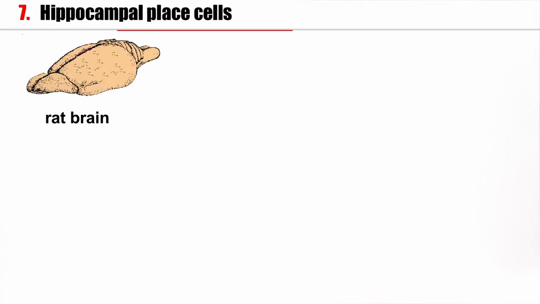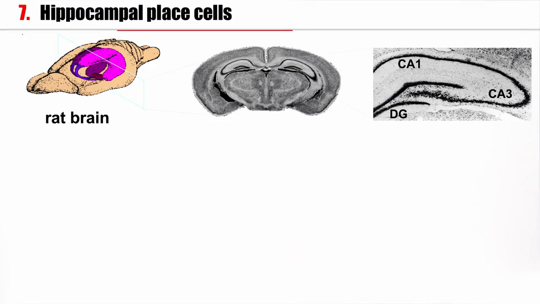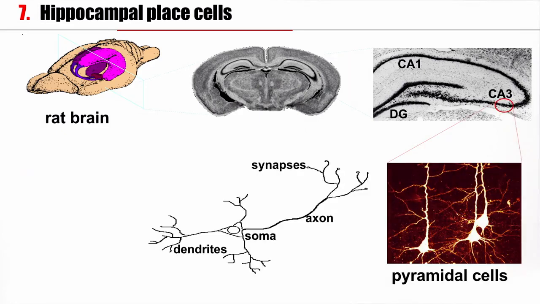So I talked about head direction. Experiments can be done in a rat brain, and in a rat brain one important structure is the hippocampus. If you cut through here, then what we will see is this set of cells. Each dark gray dot is a cell. If we zoom in, we would see certain regions called CA1, CA3, and in these regions there are pyramidal cells, and these pyramidal cells have their soma.